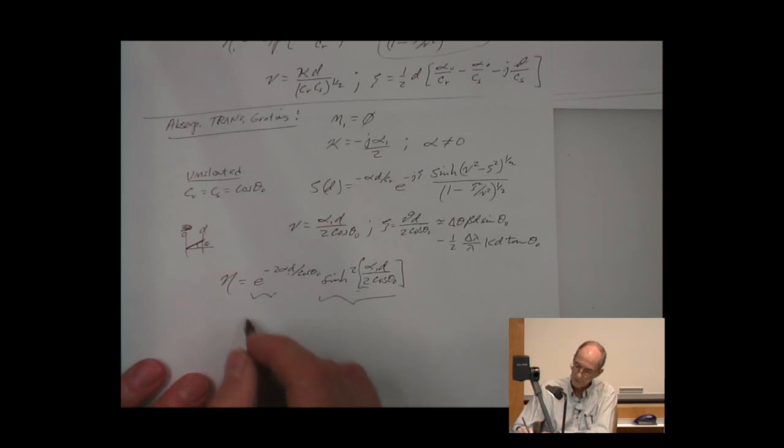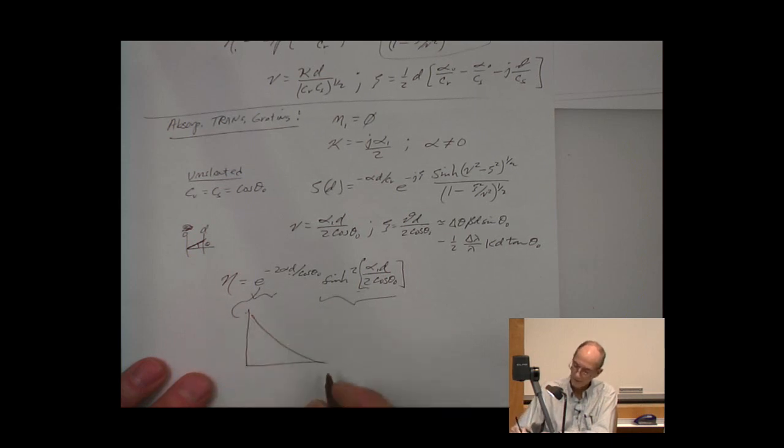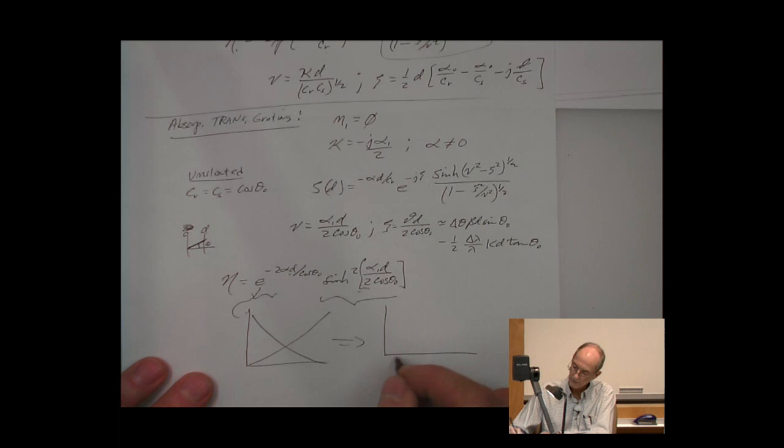So this looks something like this, where this function gives us a decay as a function of the absorption, and the sinh squared function gives us an increase. And so we're going to end up with something like that, all right?